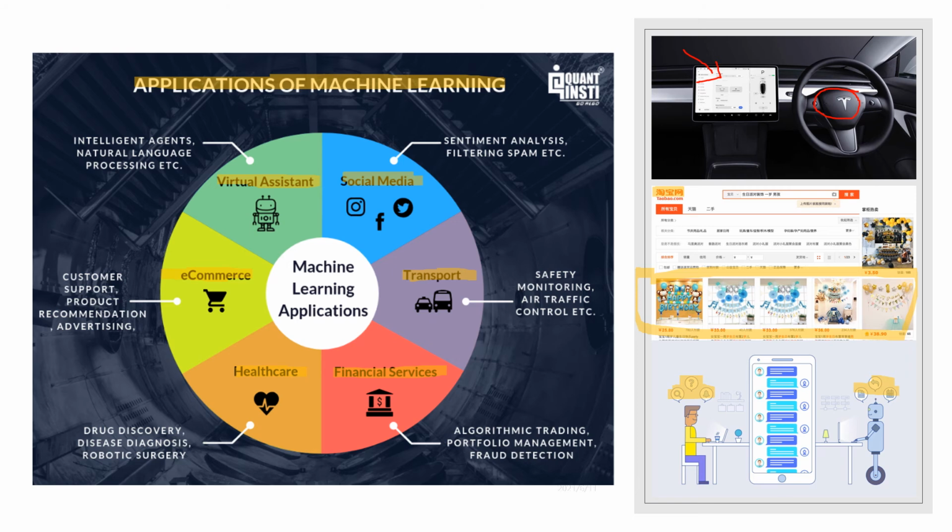In financial service, machine learning tries to become a fund manager. All the transactions maybe are not handled by a real human fund manager, but by some machine. They will do high-frequency transactions, buying and selling stock in a very short time.